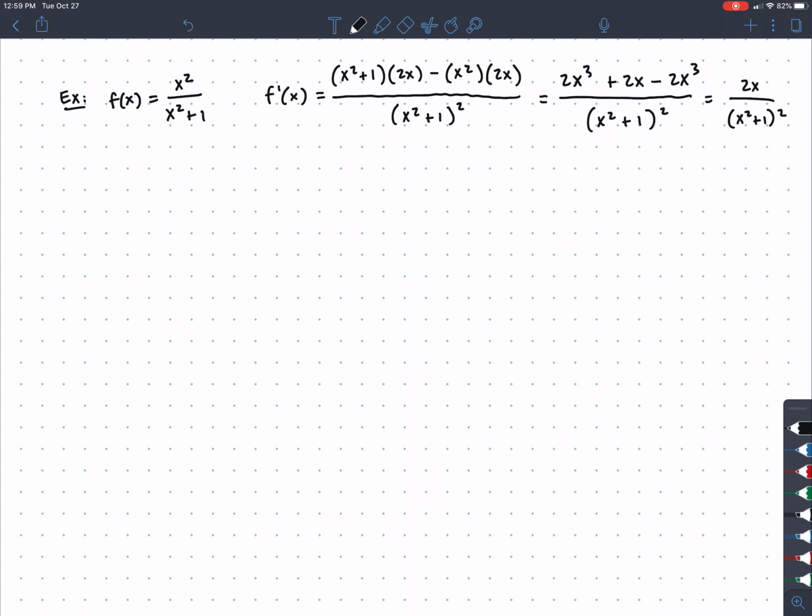So critical points of the derivative. So f prime of x is 2x over x squared plus 1 squared. And I'll need to set my numerator equal to 0. So 2x equals 0, or x equals 0, and my denominator equal to 0.